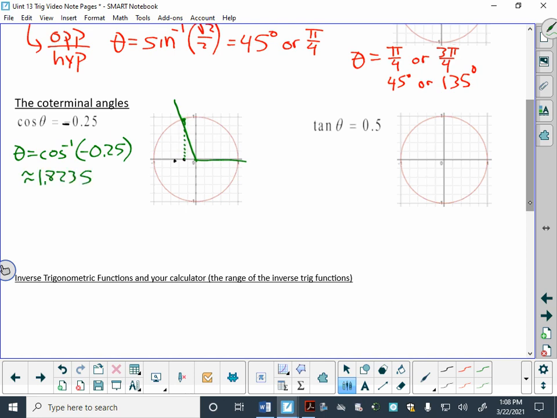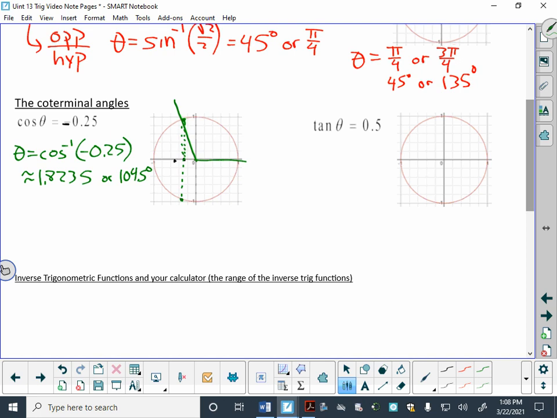If I were to throw it into degree mode real quick, just to verify where that is, it says it's about 104.5 degrees. And I agree with that there, and that's what the calculator is going to tell me, because the calculator can only tell me that.